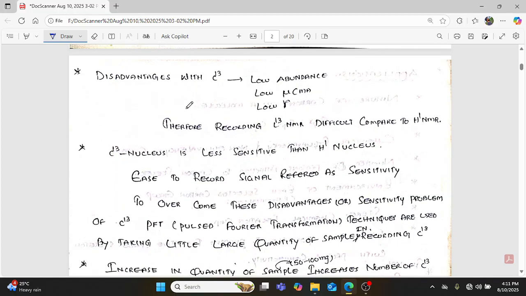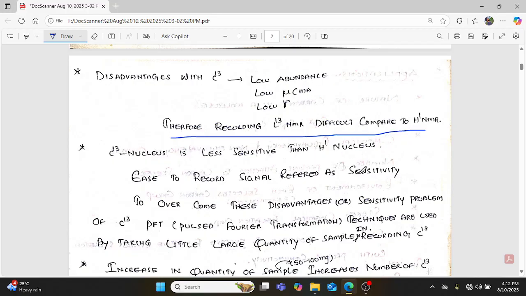So the disadvantage of C13 is what? Recording C13 NMR spectra is very difficult. Why? Because if you take 100 carbon atoms, only one carbon atom is magnetically active. Lower abundance, lower magnetic moment and lower gyromagnetic ratio.